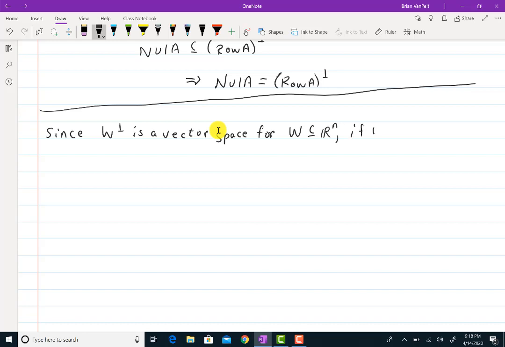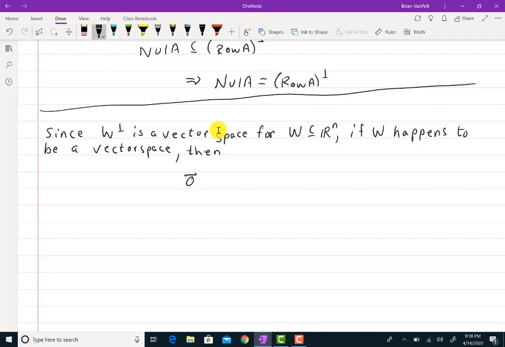If W happens to be a vector space, then what would we know?